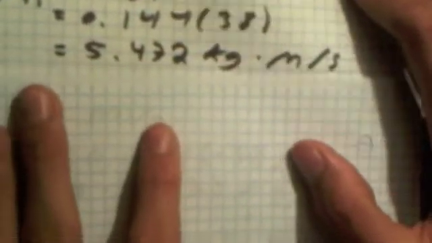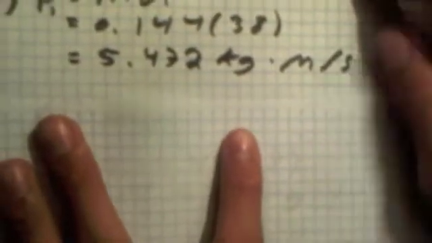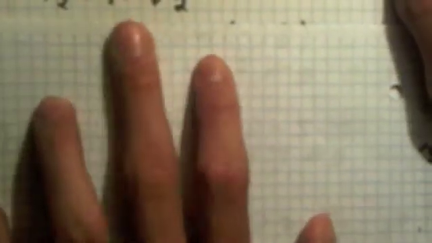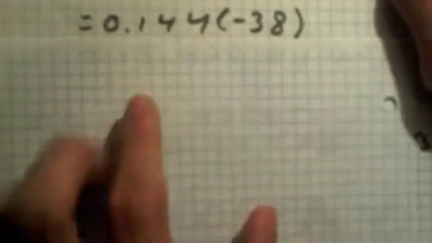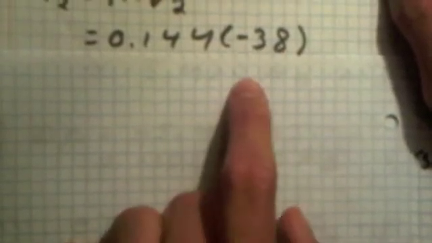The formula that we are going to use is P1 equals mv1. Now we multiply 0.144 times 38, and we get 5.472 kilograms times meters per second. That would be momentum 1. Then we need to find momentum 2 by P2 equals mv2, which would be 0.144 times negative 38, and it would be negative 38 since it is moving in the opposite direction.